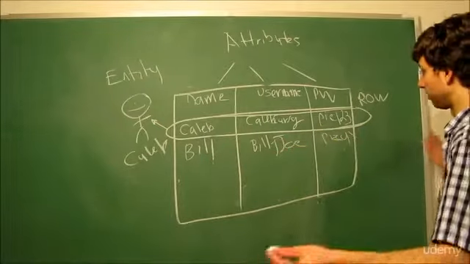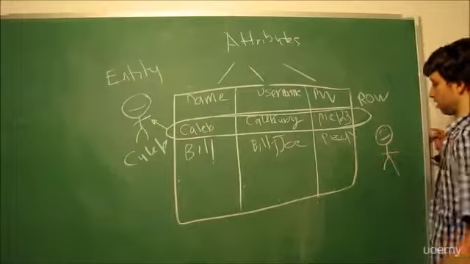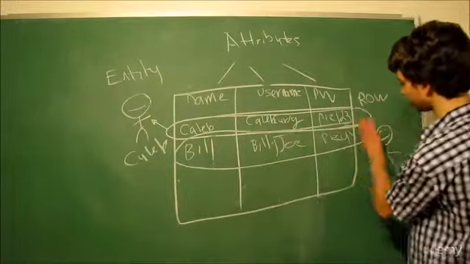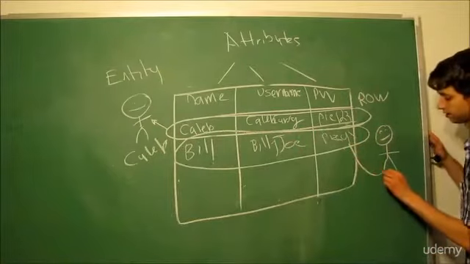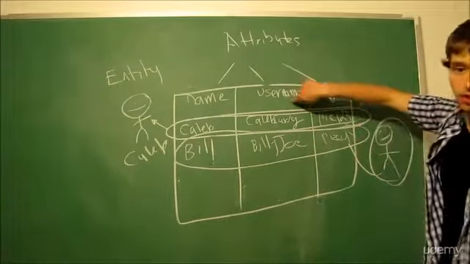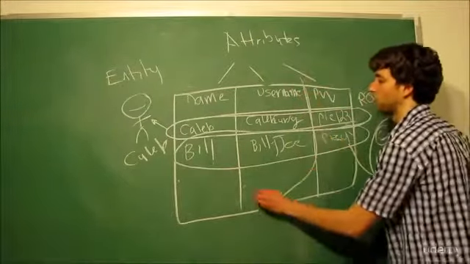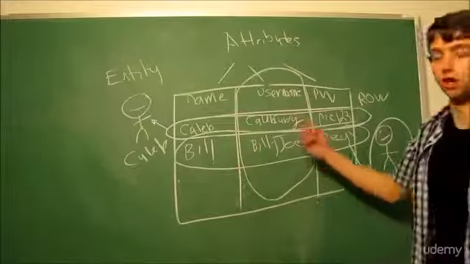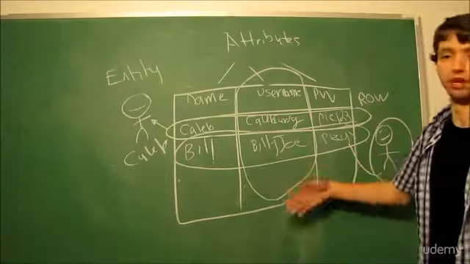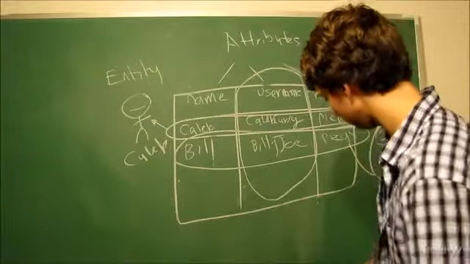So this row is talking about a different person, while that row is talking about this entity. The username is a column where we have all of the attribute type username. So Caleb Curry, Billy Joe, and whatever more if we put more values into the table.